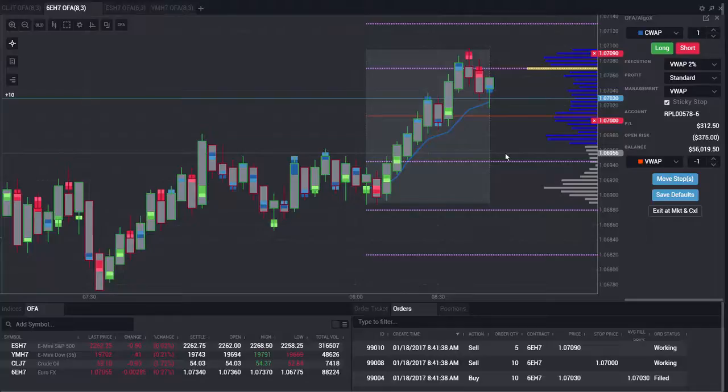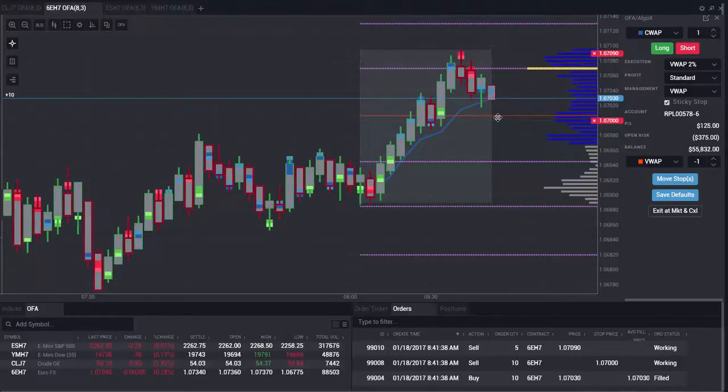So why is the VWAP so important? Well, if we're in a directional move, and again, that's what's so important about OFA, you're capturing an event in the market. In this case, the event starts at the low that created the breakout that is now showing us the trend. So when we have a directional move like that, we know through the calculations where the average of all the volume is.